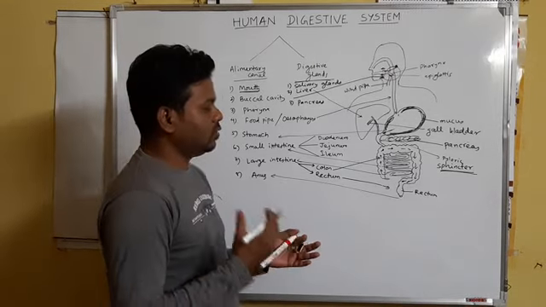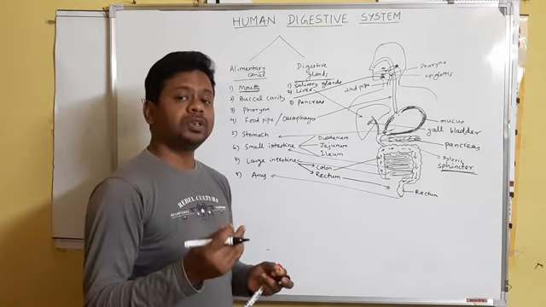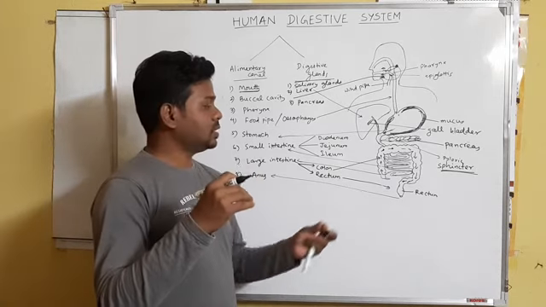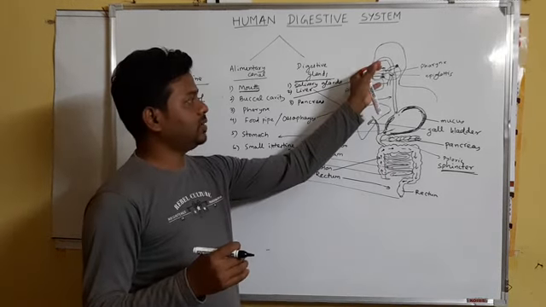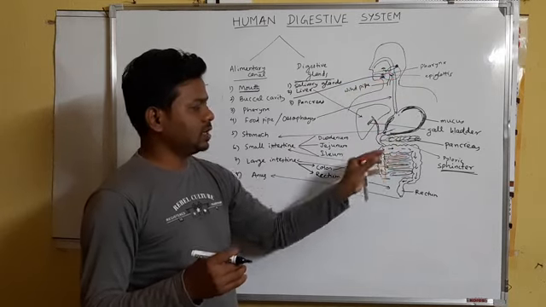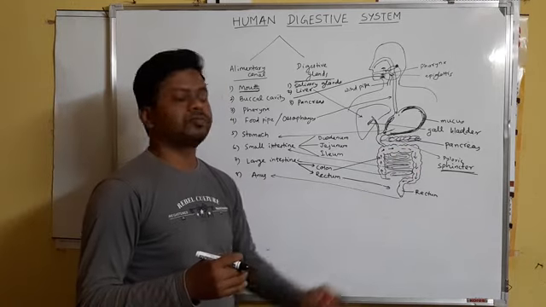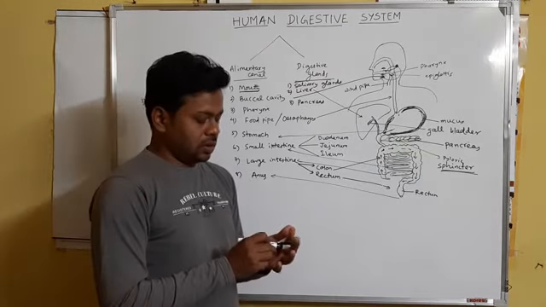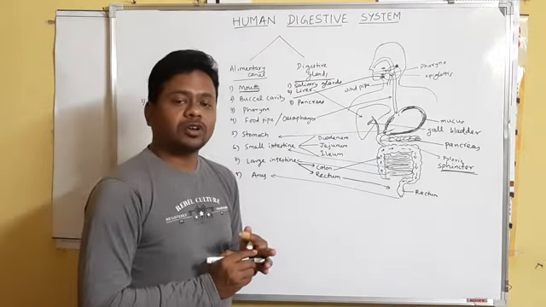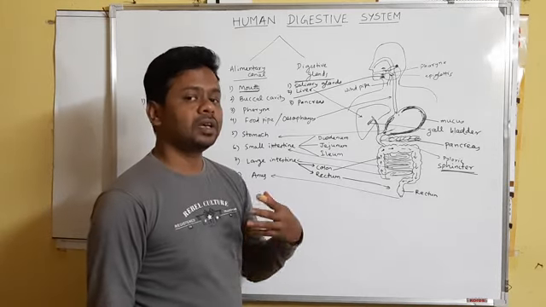So that stool or feces is the undigested and unabsorbed food, the part of the food which is not absorbed into the blood, and it is passed out through the anus. That process is called egestion.